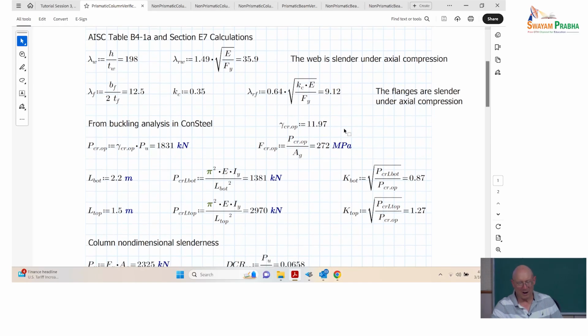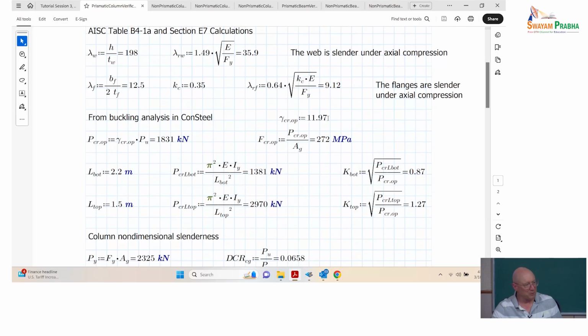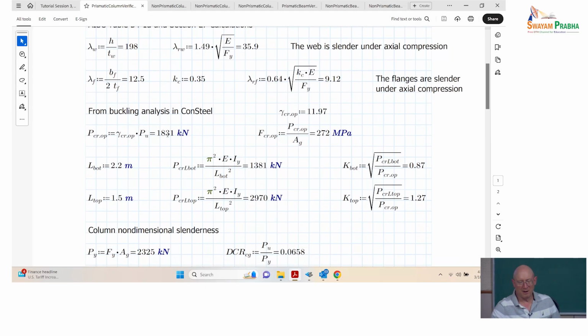All right, how are we doing so far? Pretty good? Okay, all right, so now let's take this eigenvalue we're getting from Consteel. That's the multiple of the design load that we're applying that gets us to theoretical elastic buckling, right? So we don't need any silly effective length factor.